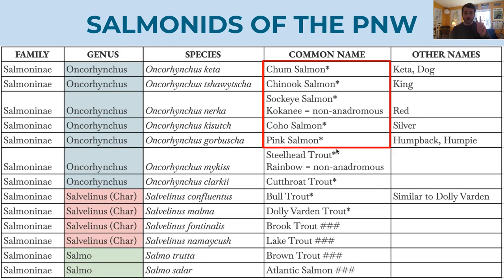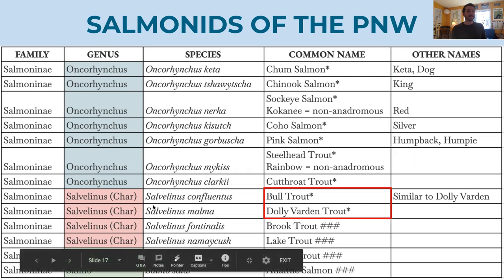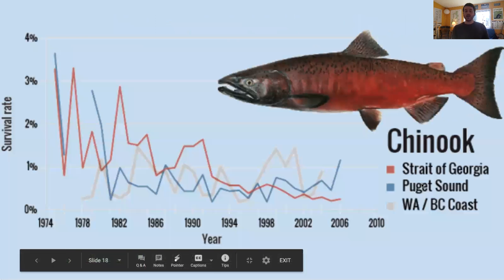And then there's also 2 more of this same genus: the steelhead trout and the cutthroat trout. All of these are in the South Fork watershed, as well as these native char populations, bull trout and Dolly Varden, very closely related, but there is a distinction. You can also find other species that are not native in the watershed, but these ones that I just went over are all the native populations.